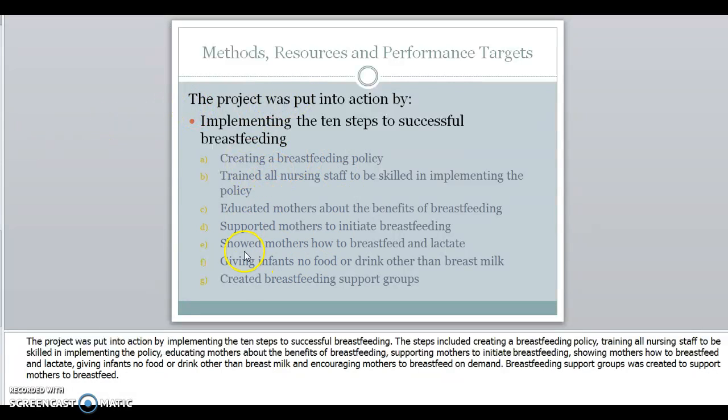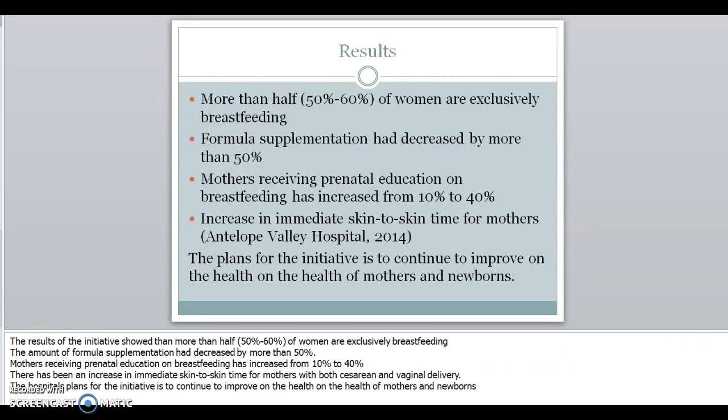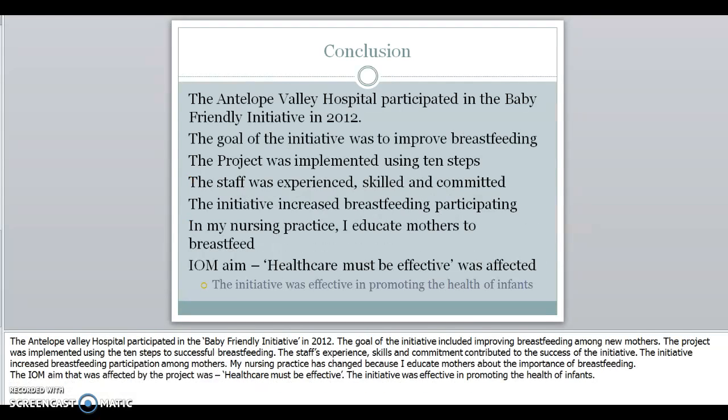How was this put into place? This is the SWOT analysis: strength, weakness, opportunities, threats, or what could add or help to the project, the results, and the conclusion.